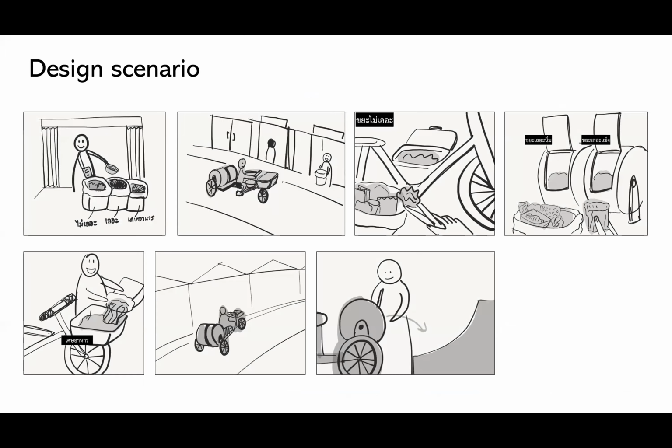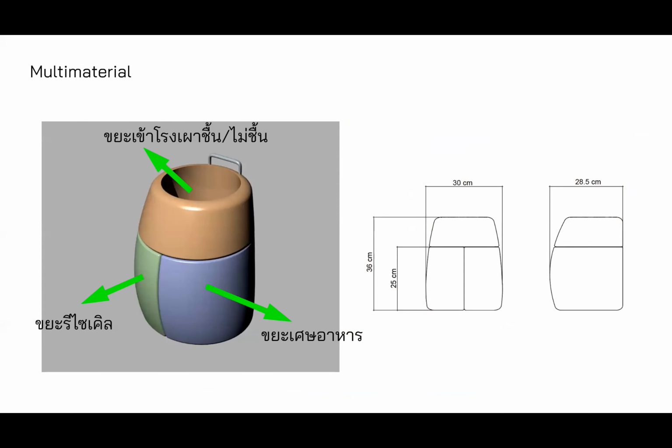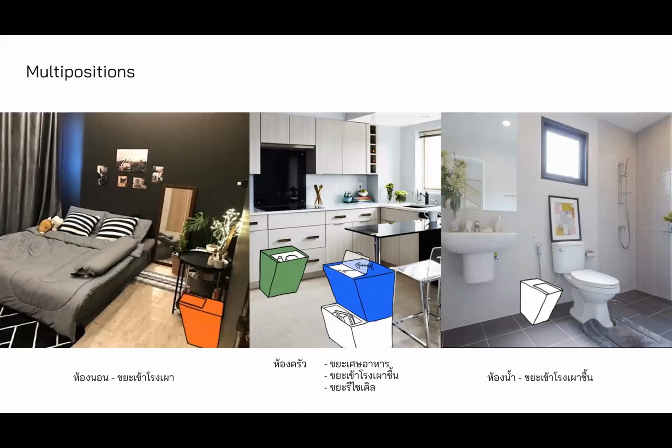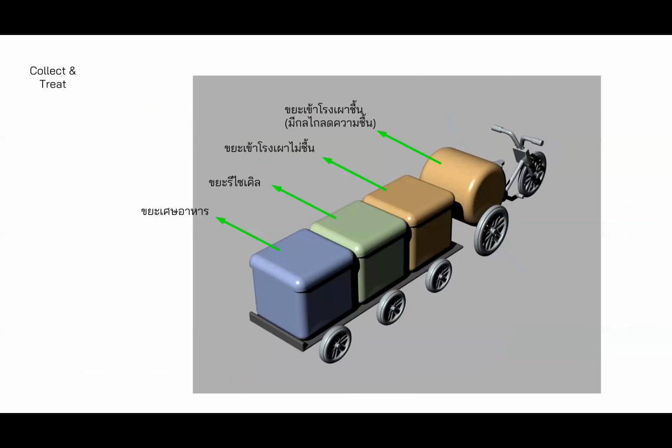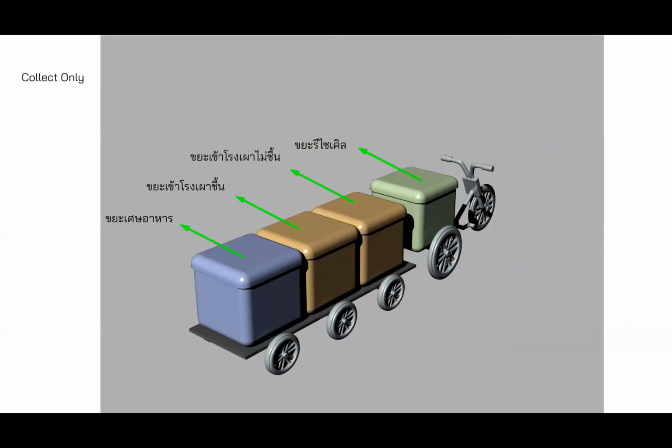Then we used design scenarios to test it with people. And then we started designing the bins, and looked at how the bins can fit in their houses. And then we designed how the bike system can pick up the rubbish.